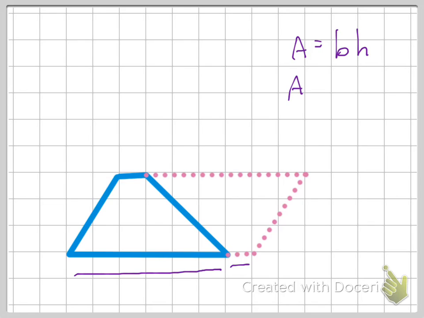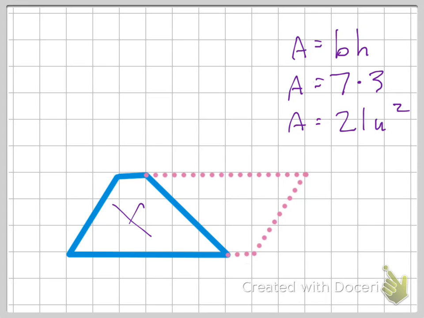So the whole base is going to be 7, times the height for this one, which is 3. So the area is 7 times 3, which is 21 units squared. And again, that is the area of the entire parallelogram. But we just want the area of the trapezoid. So we're going to take that parallelogram area and divide it by 2.